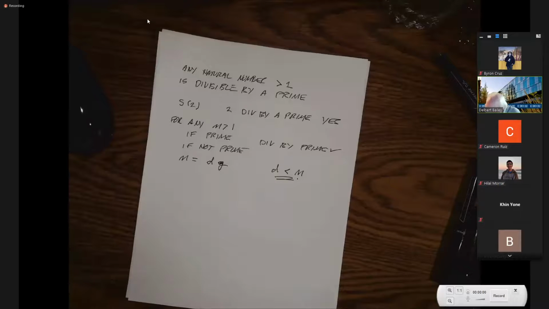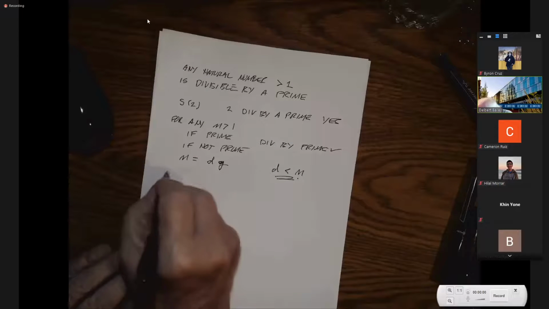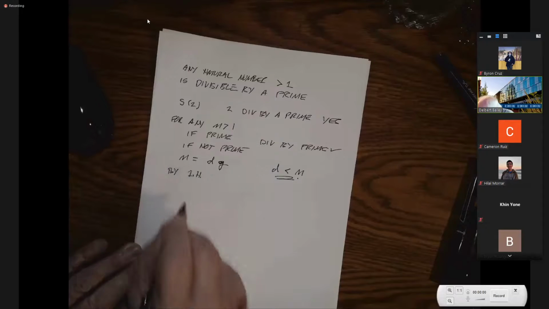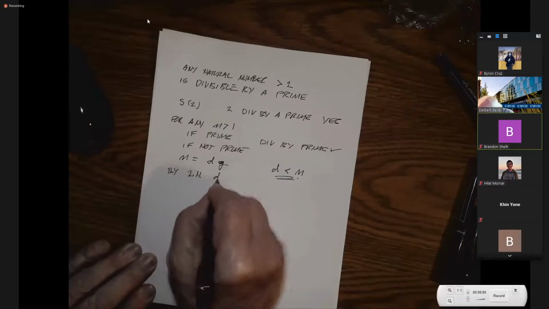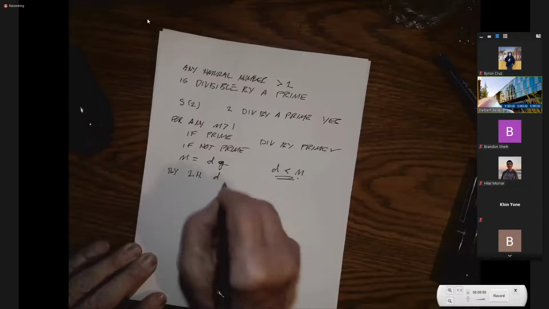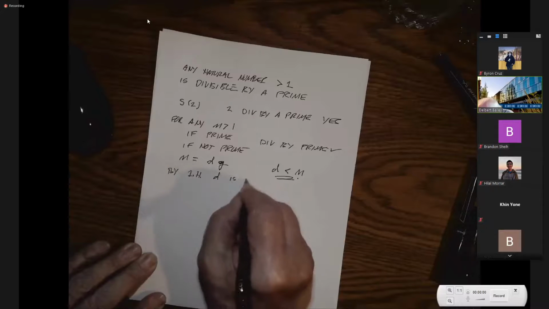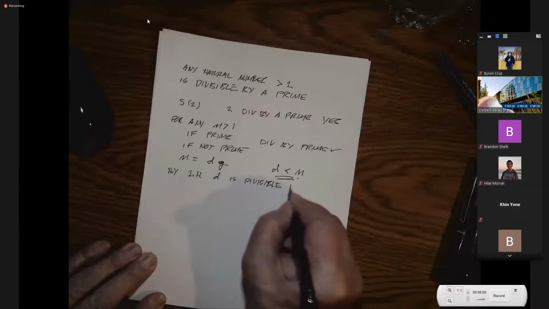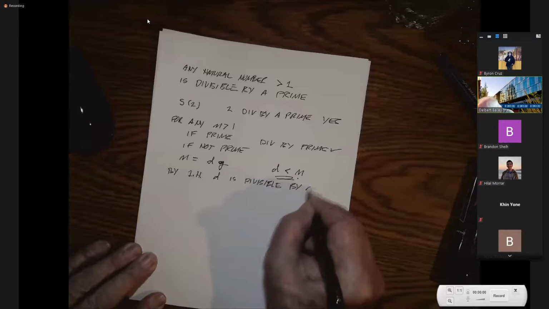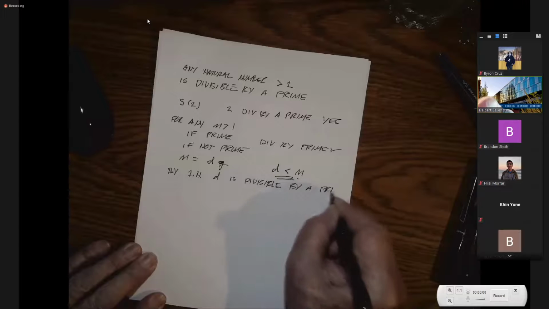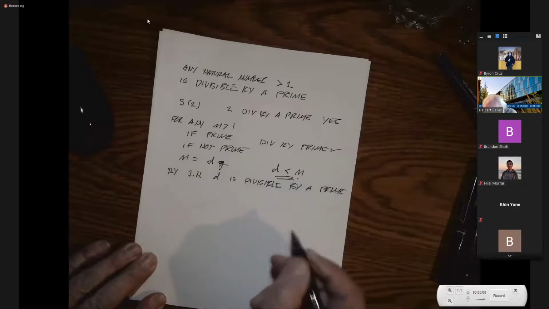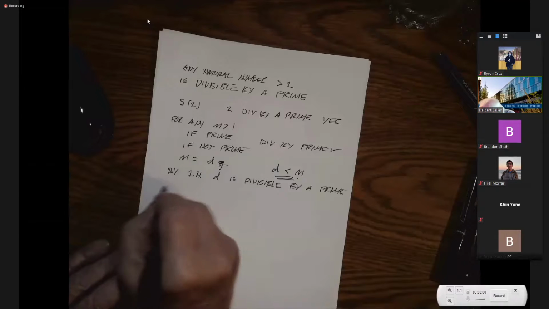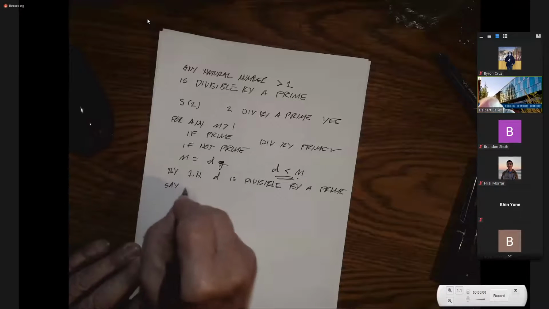Okay, so by our inductive hypothesis, d is divisible by a prime. And let's say p.